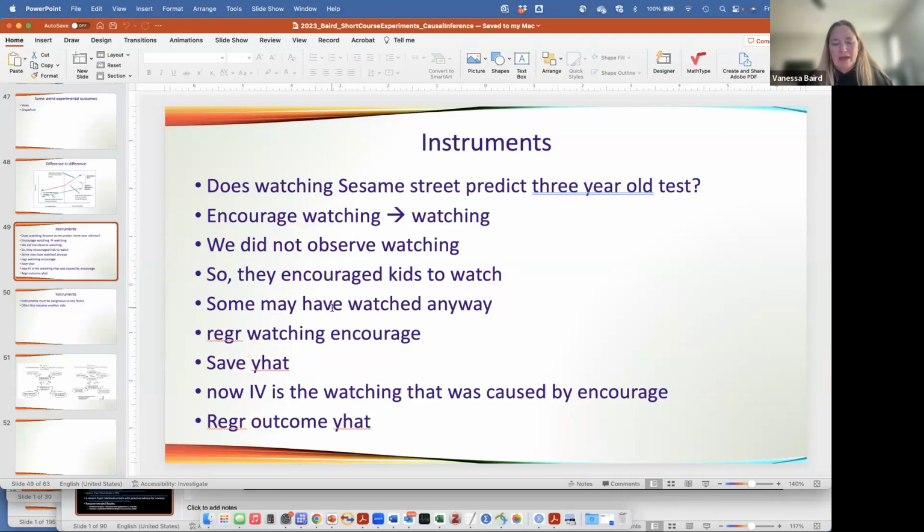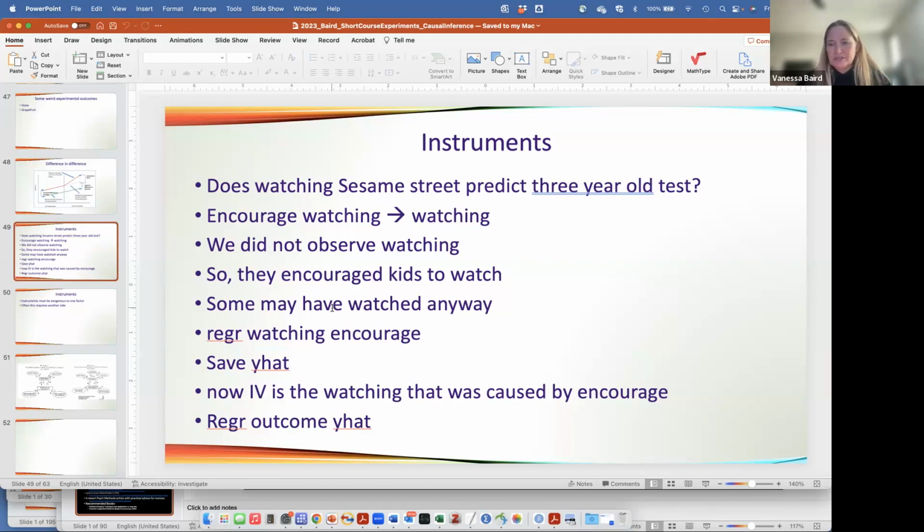So now you have a y hat that is in some ways highly correlated with encourage, right? And it's also highly correlated with watch, but it's got that part out of it that messes with our understanding, that could confound our estimates.